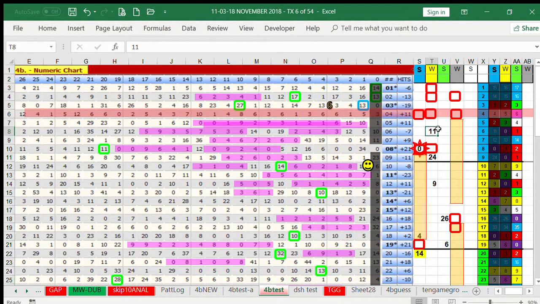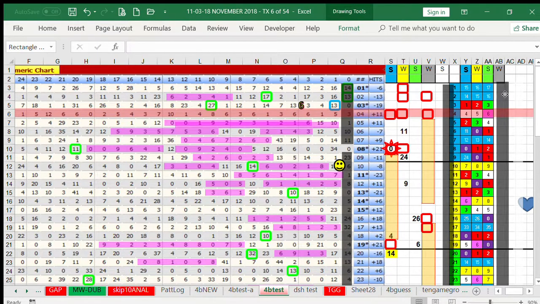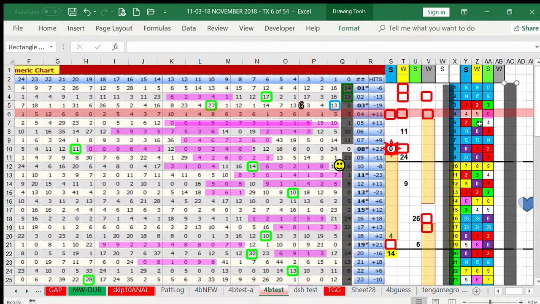I'll fill in the numbers for the skip. I'll add the next series of skips here, okay? Because what you have over here is basically the 4A, the drawing sense hit chart read from left to right. But the 4A doesn't put numbers, it puts dashes.